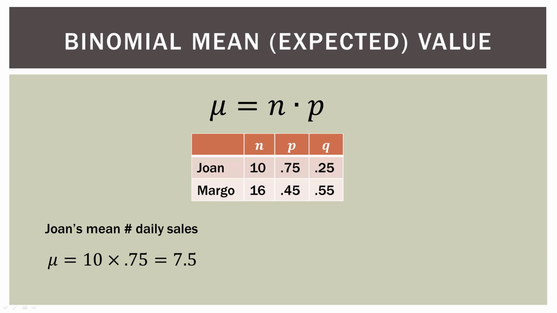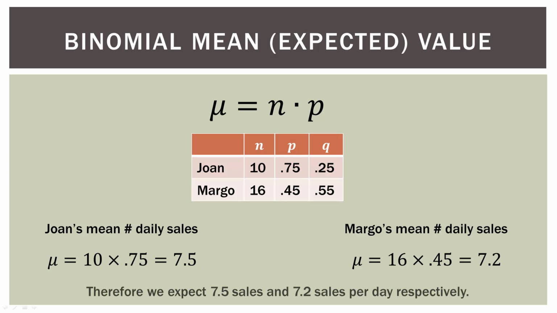So let's look at Joan's mean number of daily sales. Mu equals 10, which is her N, times 0.75, which is her probability of success, and that equals 7.5. Let's look at Margot. Mu equals 16, which is her number of calls per day, times 0.45, which is her success probability, and that equals 7.2.